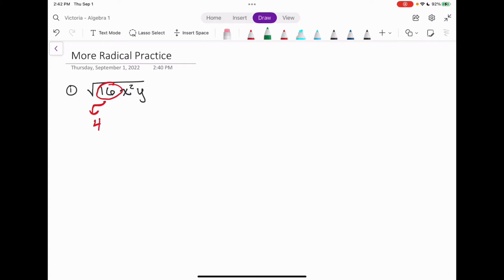Well, x squared is also a perfect square, because remember, there are little imaginary ones here. So x squared is just 2 x's multiplied by each other. So just like the perfect square here, I'm going to take out 1 x outside the radical. And then I have this y left over.